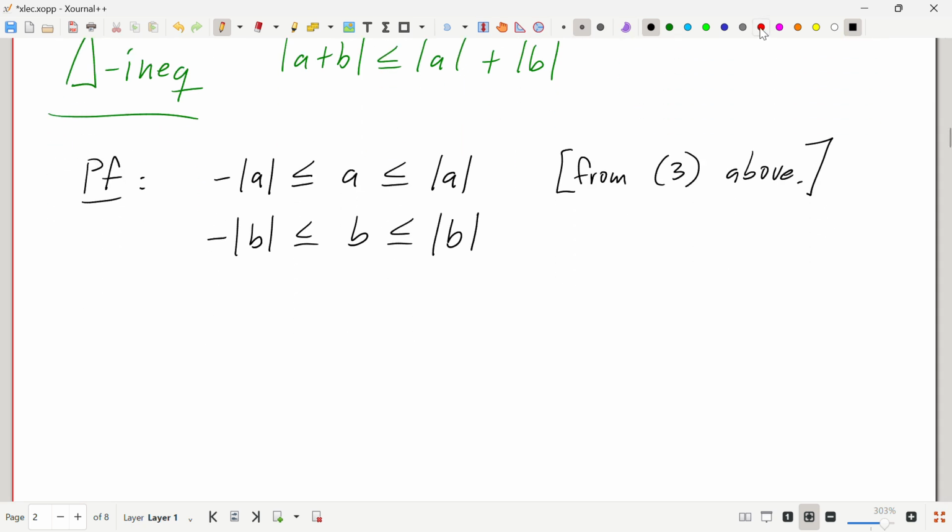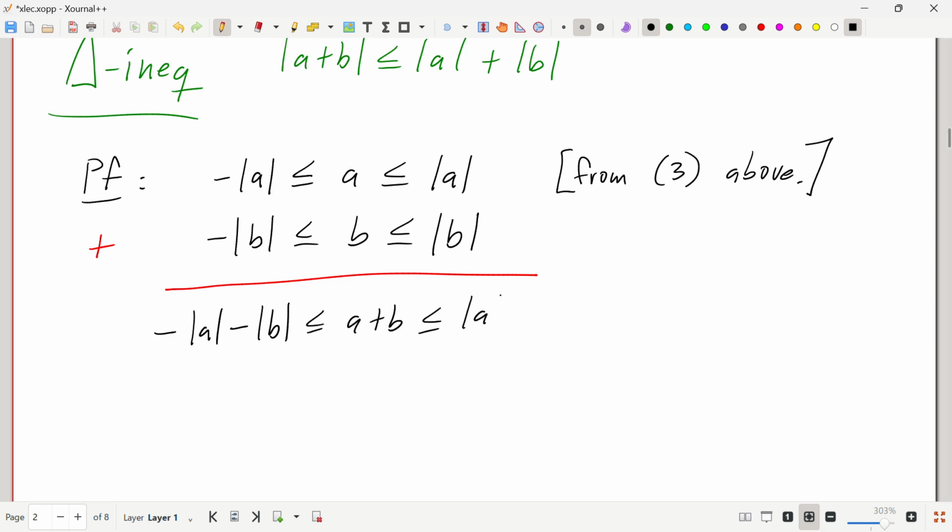Okay, so the next thing you do is add these things together. If those inequalities hold, then when you add them together, these inequalities would hold. Minus absolute a minus absolute b is less than or equal to a plus b is less than or equal to absolute a plus absolute b. And of course this side is minus absolute a plus absolute b.